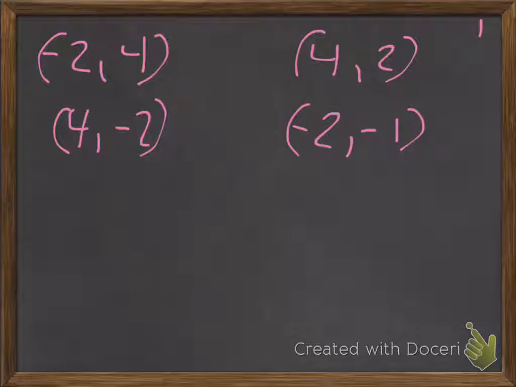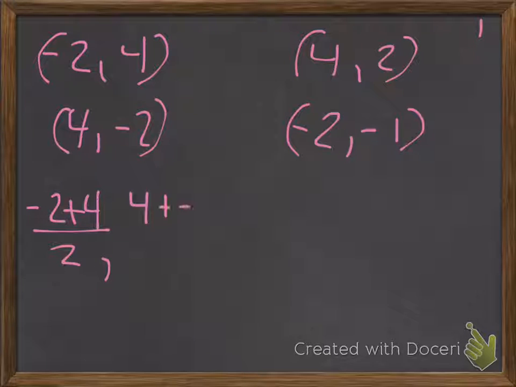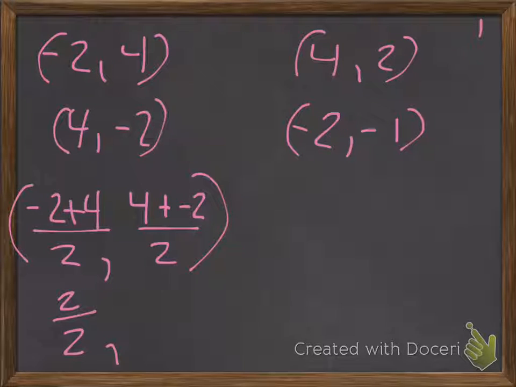So for the midpoint here, we need to add the x's, divide by 2, comma, add the y's, divide by 2, and we get 2 over 2 and 2 over 2, which is 1, 1.